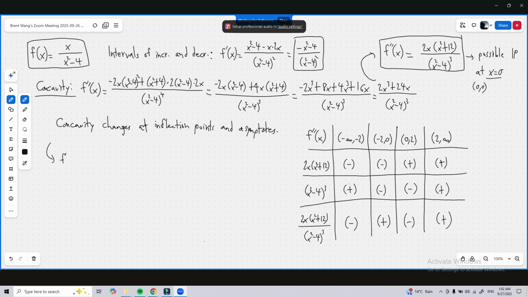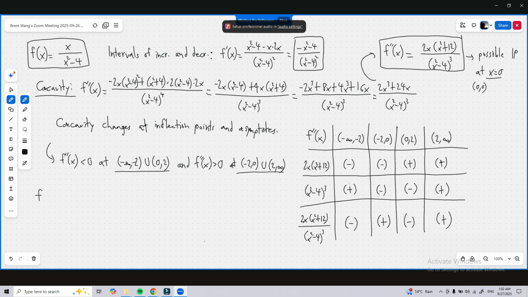So f''(x) is negative on the intervals negative infinity to negative 2 union 0 to 2. And it's positive from negative 2 to 0, union 2 to infinity.